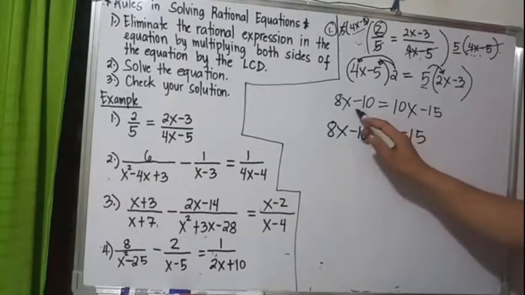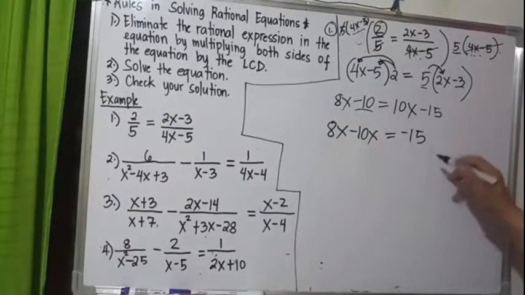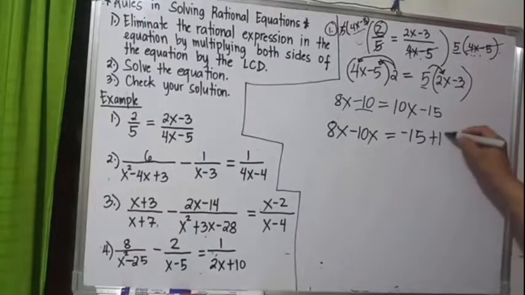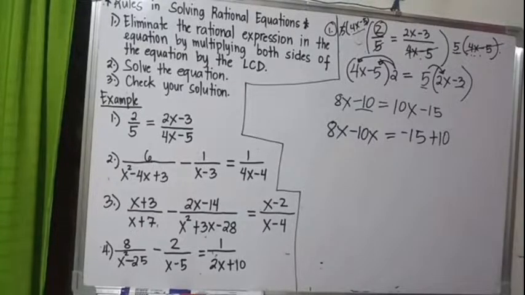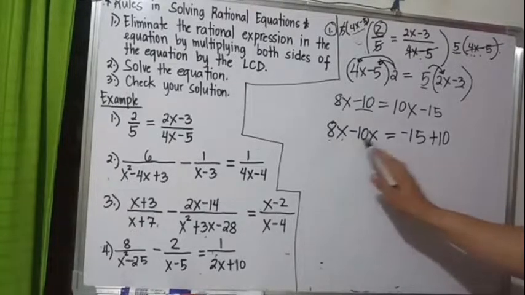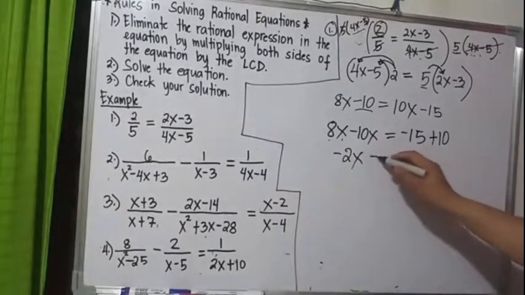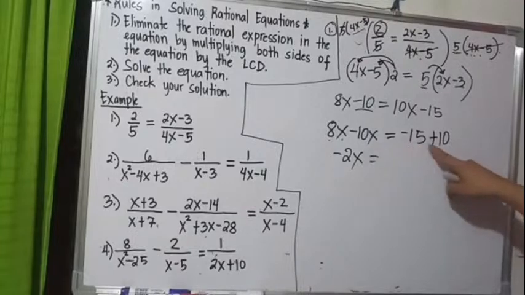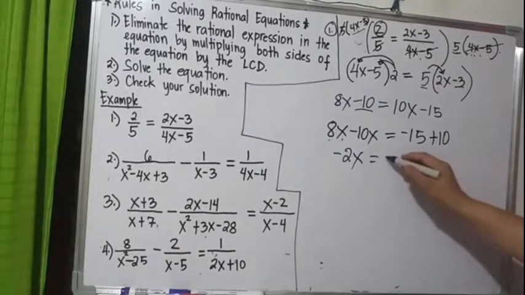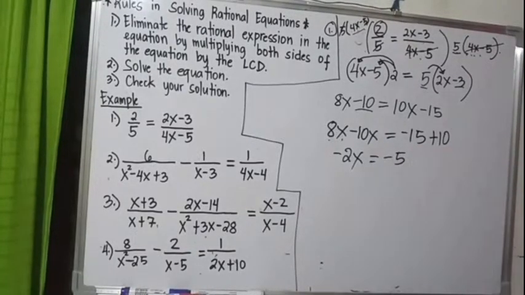Then itong negative 10, i-transpose natin sa other side, magiging positive 10. Next, simplify. 8x minus 10x, that is negative 2x equals negative 15 plus 10. That is negative 5.